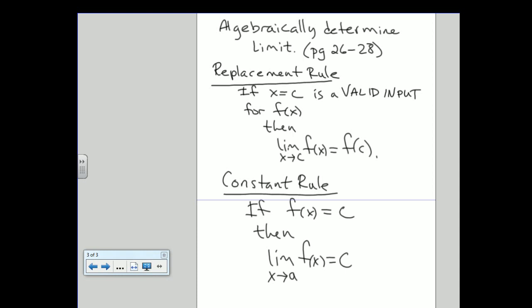Now that's easy to see, ladies and gentlemen, if you simply remember a constant graph looks like this. So no matter what our x values approach, our output values will always be that constant c. So that's actually pretty simple to see.